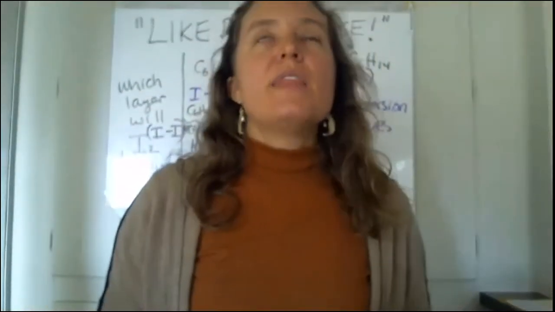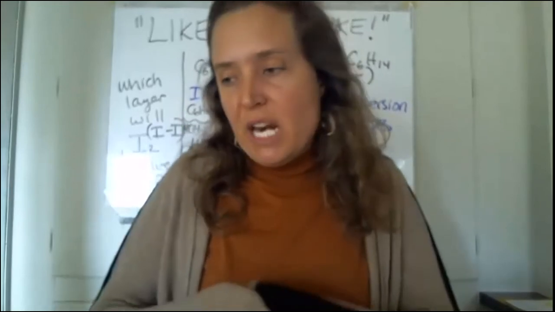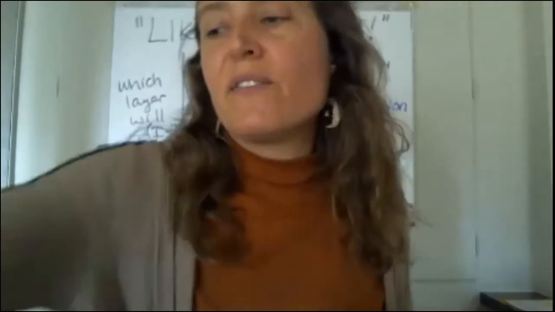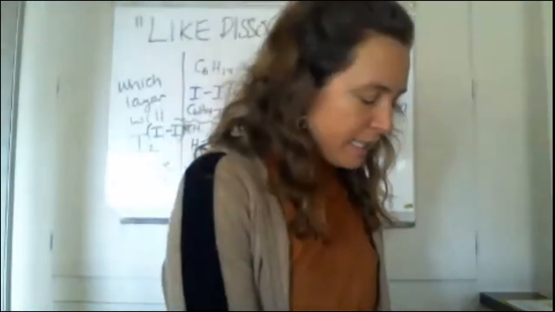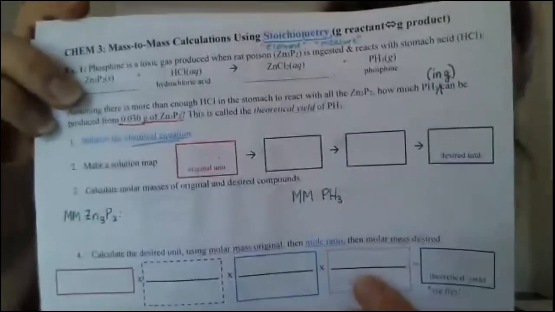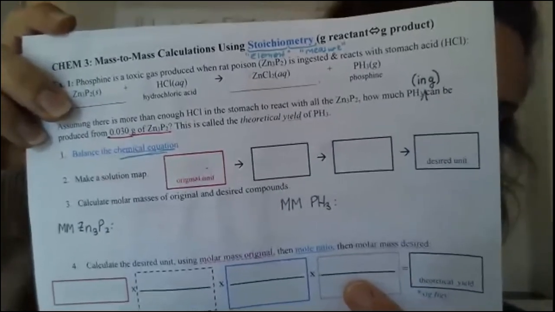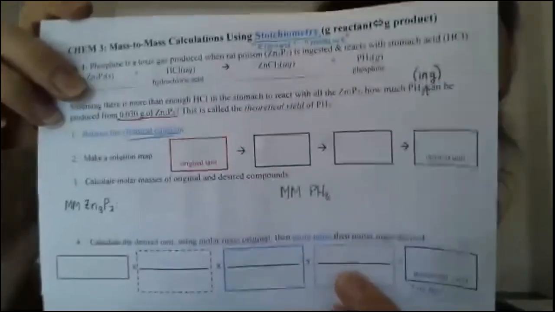I know we said that there'd be another worksheet for today, but the stoichiometry worksheet that I mentioned in an earlier email needing it for today, we're not going to get to it today, but we will get to it next time. So this worksheet will be saved for next time. The mass-to-mass calculations using stoichiometry. So the stoichiometry worksheet is in week 8, so make sure that's printed for next time.